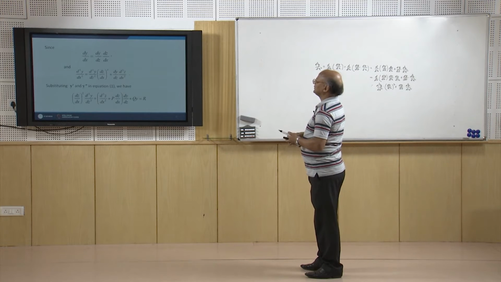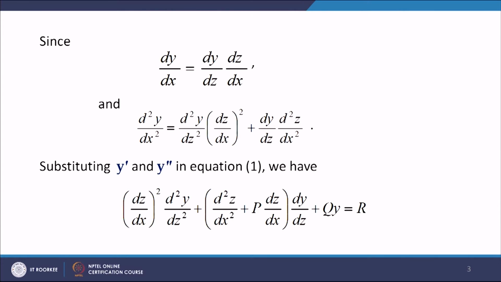Now substituting these values of y' and y'' in equation 1, we shall have this expression: d²y/dz² into (dz/dx)² plus (d²z/dx² plus p dz/dx) into dy/dz plus q y equal to r. Okay.